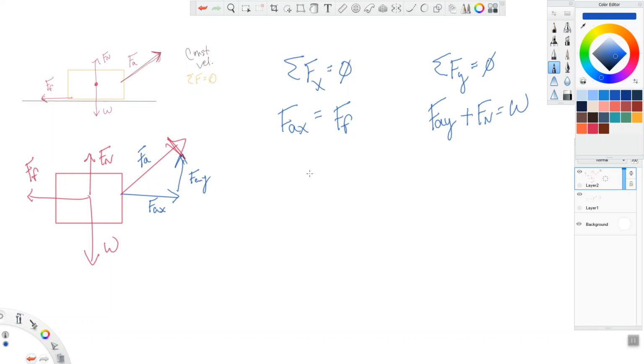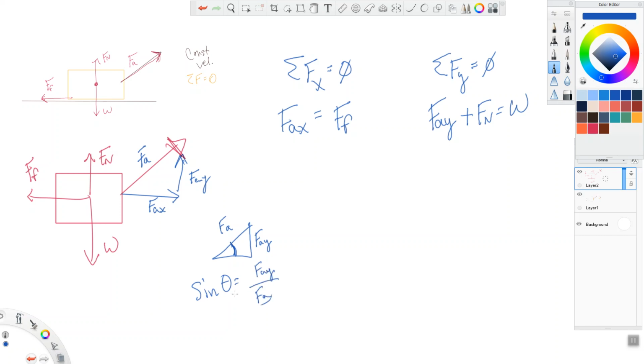From here, we could expand upon and try to look at whatever the system is trying to solve for. So say, for example, if we're looking for frictional force, but we know force applied in the x direction, we can use a little bit of our trig magic. So if I redraw a triangle real quickly, and I know this angle right here, from the horizontal, force applied in the y direction, this would be sine. So sine of theta equals force applied in the y direction, all over force applied.